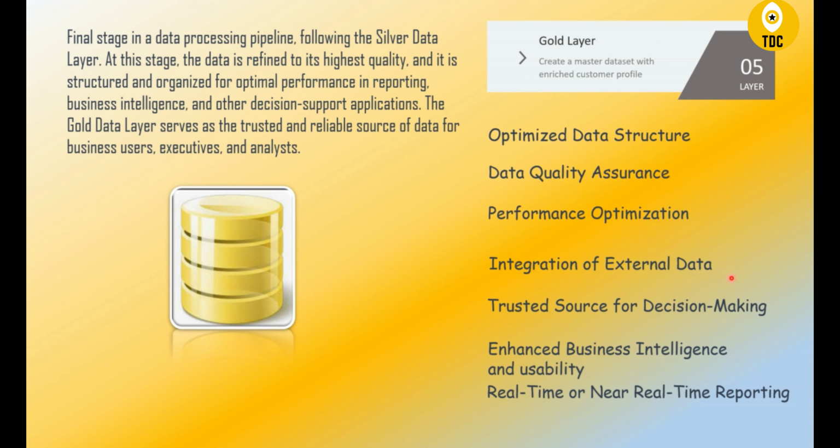And integration with the external data, because the gold layer is almost the last layer, right? If you are not using the unharmonized layer or harmonized layer, which is the next layer, then it will be the last layer. So the integration to the external data is done on top of the gold layer. Some kind of security aspects need to be maintained, because you are exposing this data to the external world or external users.